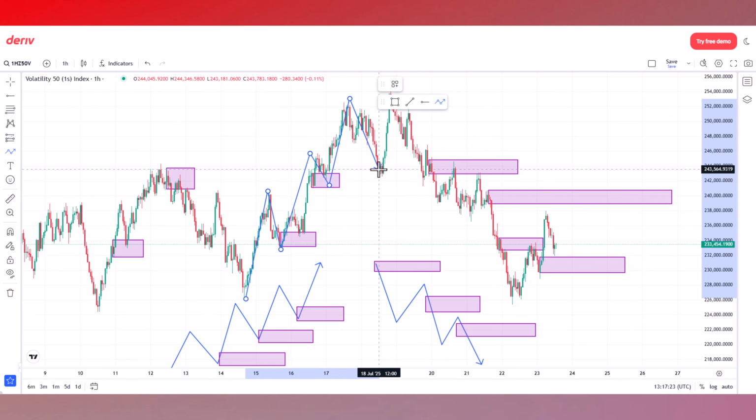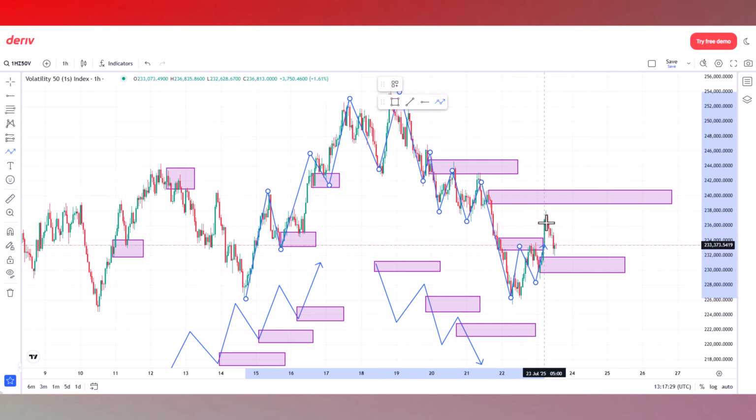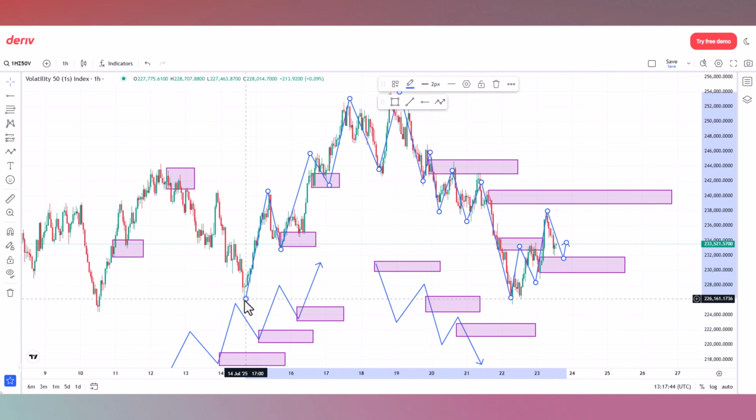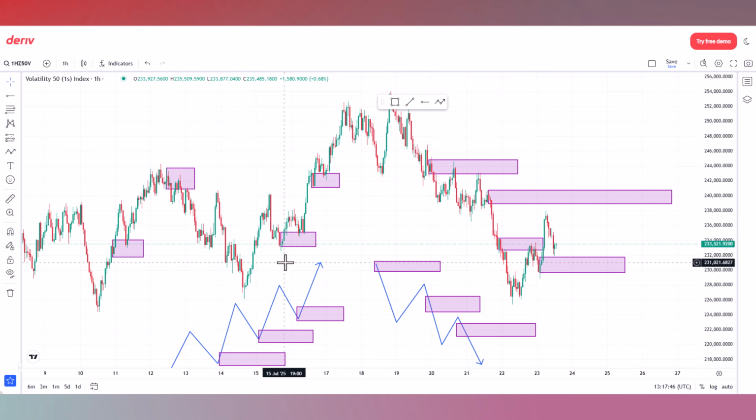These are the major structures that you are looking at, and the movements that you are going to get from these structures are the movements that we are going to consider for trades. And these highs are the highs that are going to be taken out. On the flip side, these lows are the lows that price should take out for you to consider a move.